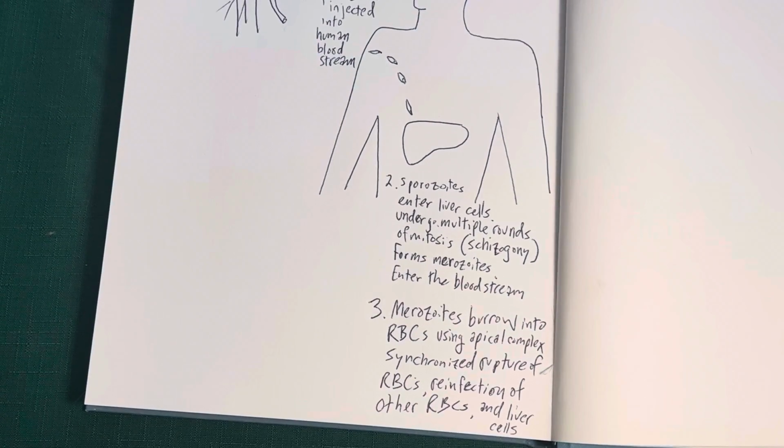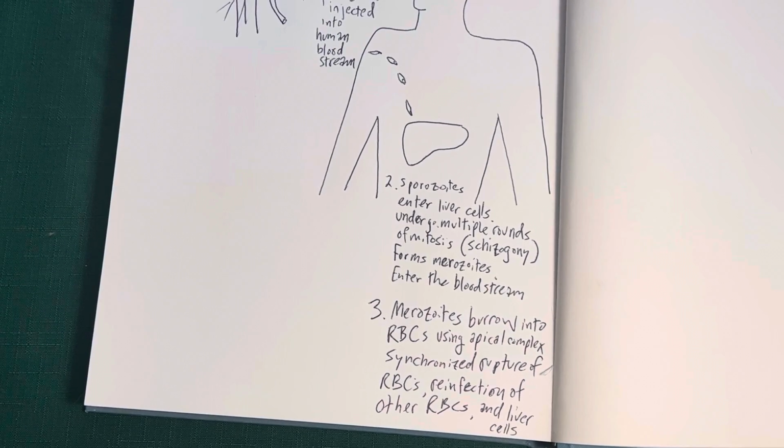And this synchronized rupture of the red blood cells leads to a very characteristic symptomatology of malaria, which is going through these cycles of fever and chills. And they happen with rather distinctive patterns, maybe once a day, maybe twice a day.